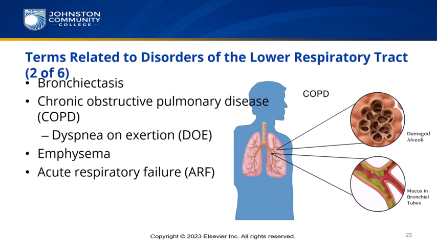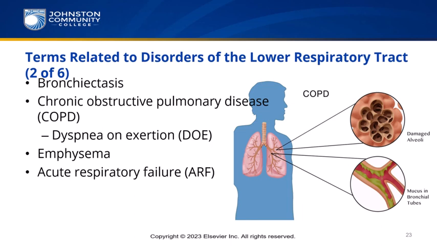Then we have chronic obstructive pulmonary disease, also known as COPD, and this is a respiratory disorder characterized by a progressive and irreversible diminishment in the inspiratory and expiratory capacity of the lungs. Patients experience dyspnea on exertion, known as DOE, difficulty inhaling or exhaling, and a chronic cough.